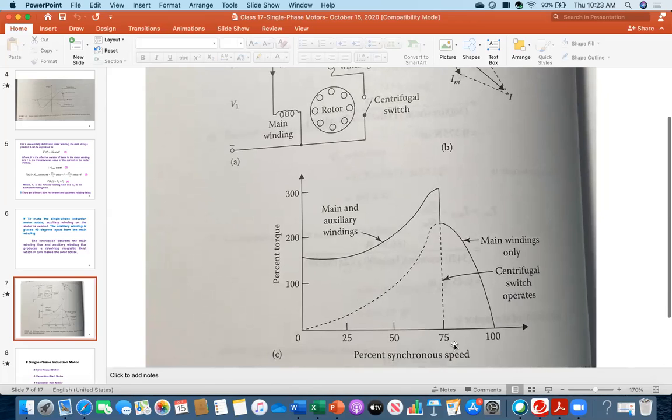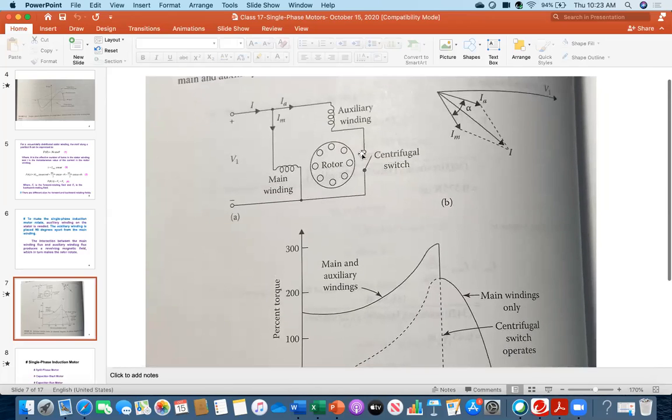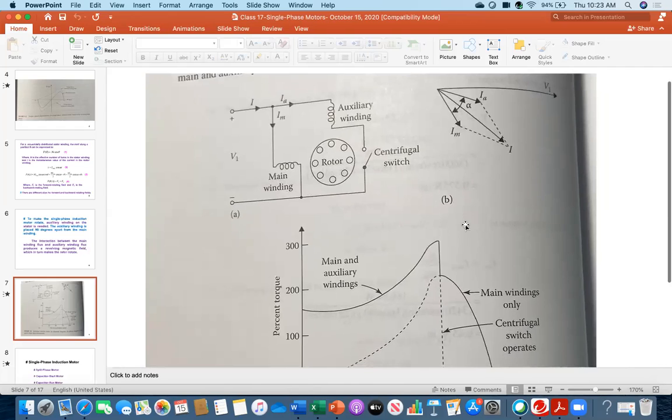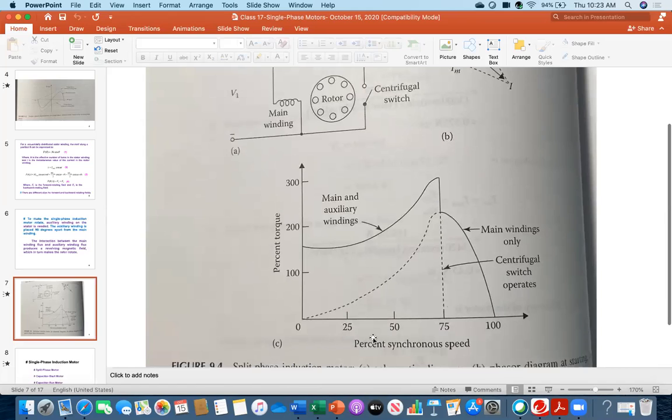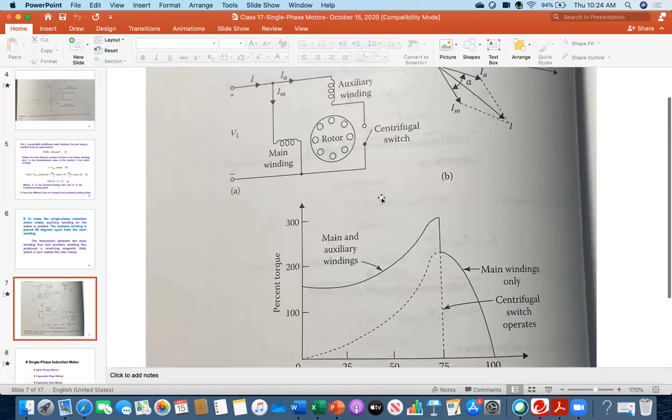Once the speed becomes 75% here, then the centrifugal switch operates, meaning that the centrifugal switch will be open. And that's why after this point, from here to here, main and auxiliary winding, you are taking the auxiliary out, you are switching it off. Consequently the torque is falling, and then the main winding only. But by then there is enough speed, so it will not stop, it will continue to rotate.